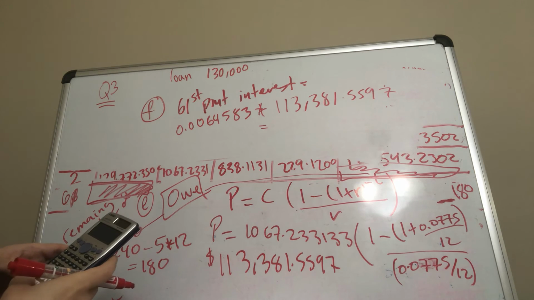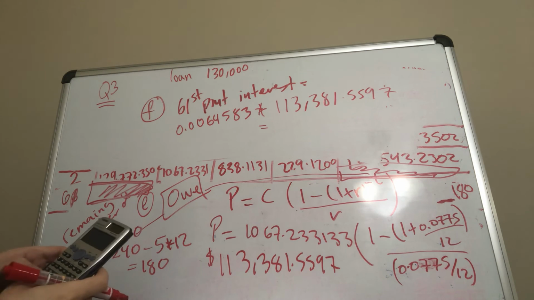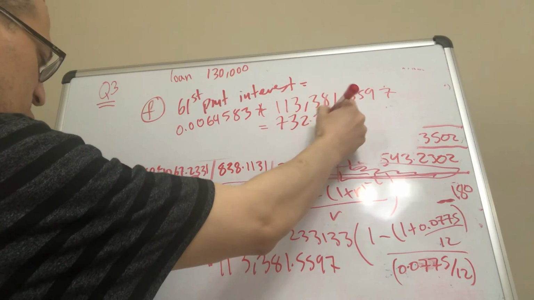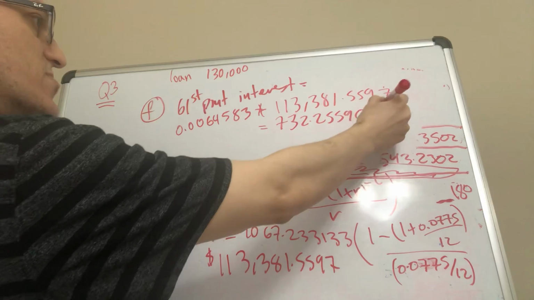So 113,381,5597. So now it's 732,255,9064.